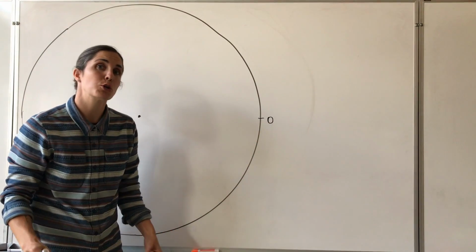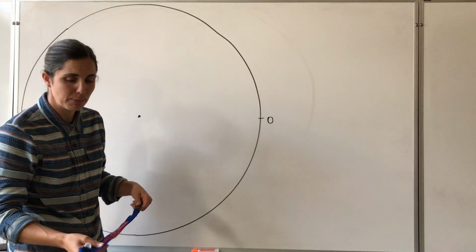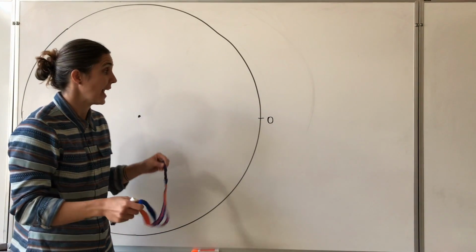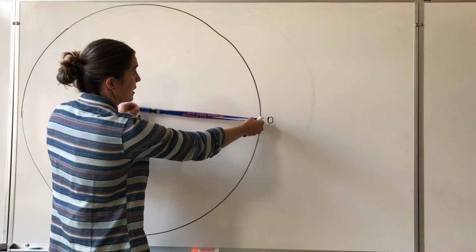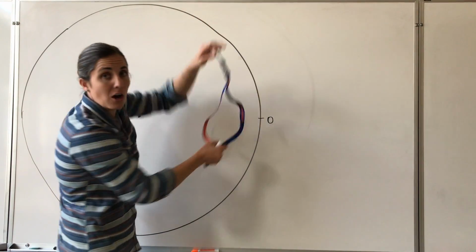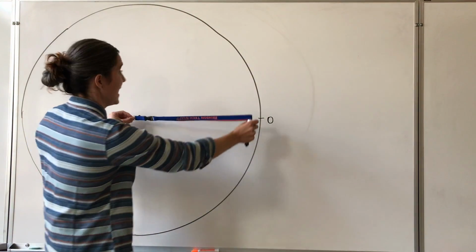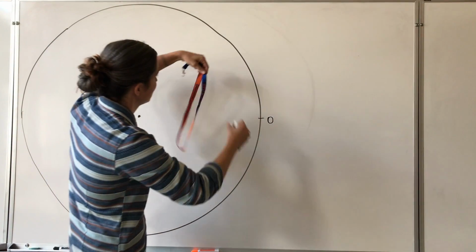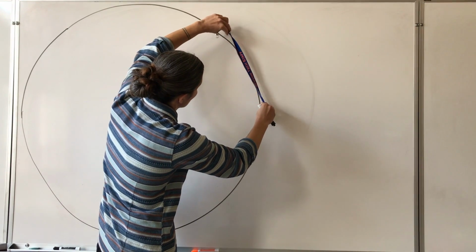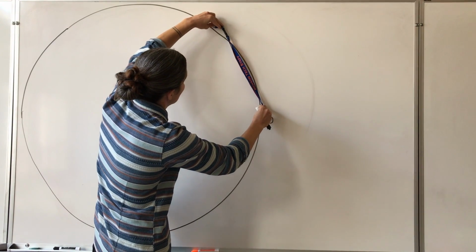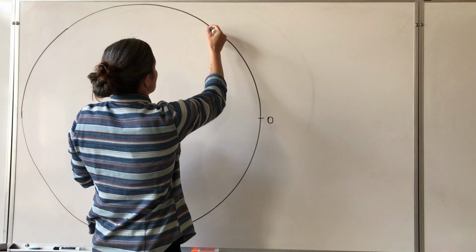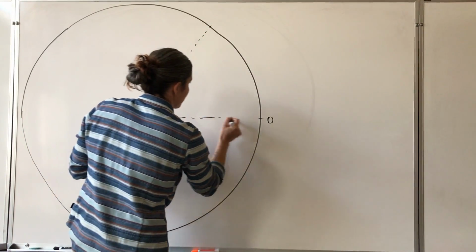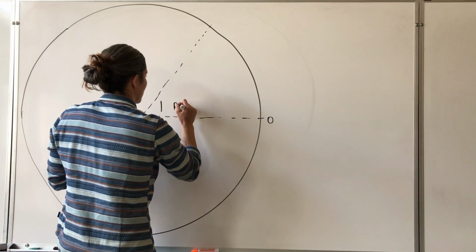You have heard the term radians before, and when we talk about radians, a radian is defined as the angle swept out by one radius along the circle. So if I take the radius and I put it along the circle, I will get around about right here. And this is 1 radian.